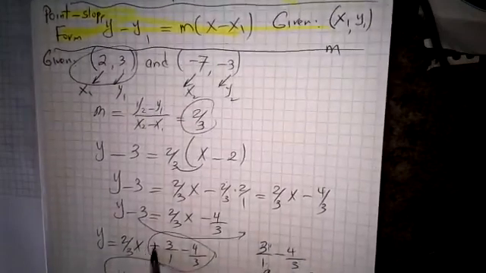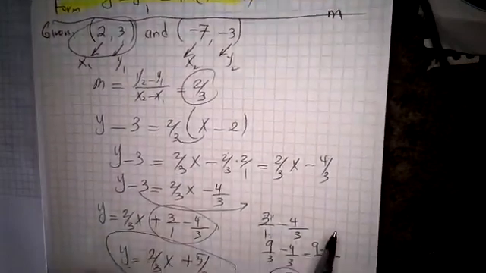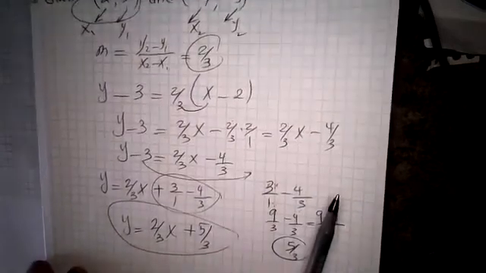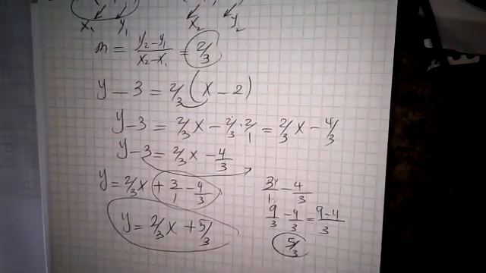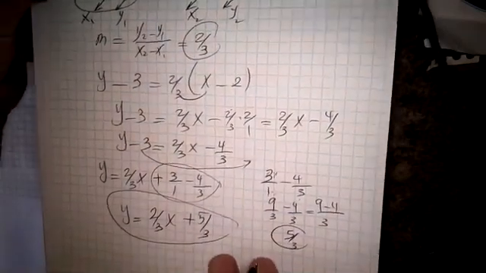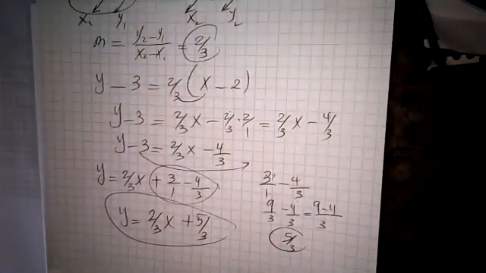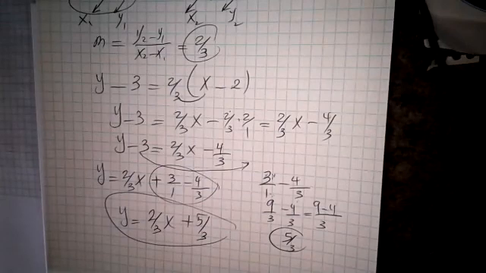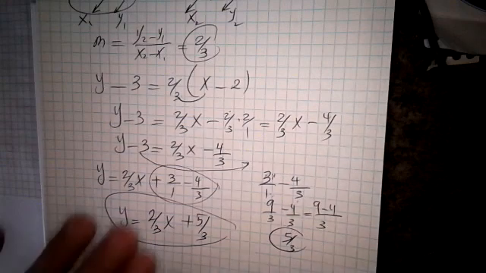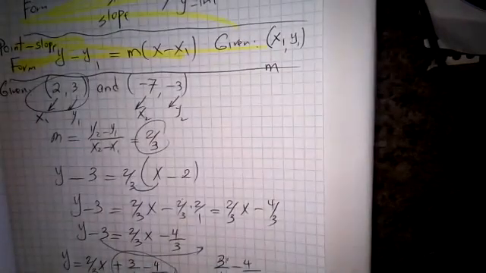Take y to the other side to find your equation. It is the same equation, but a different formula. So there are 2 formulas to use. Okay? All right. So that would be the end of chapter 3.